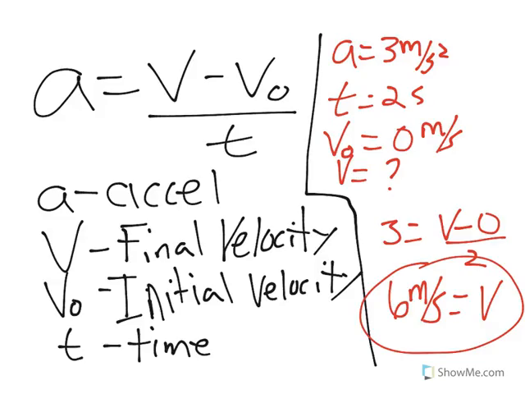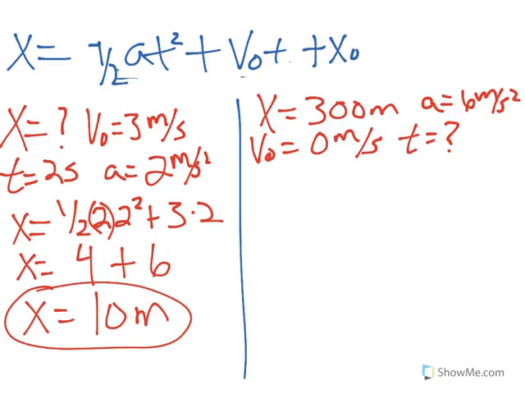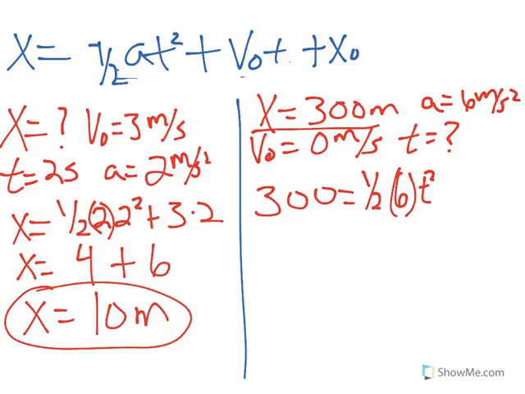Now notice, we can't use the first formula here because there is no final velocity. But you don't need to find a final velocity because you have the position. So you can do 300 = 1/2 × 6 × t² + 0 × t, because v naught is 0. Notice that goes away. Notice there was no x naught mentioned. If there's no initial position mentioned, you can assume that it's 0.